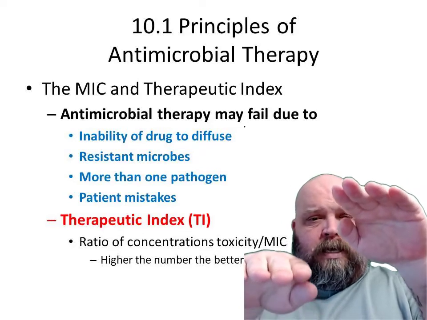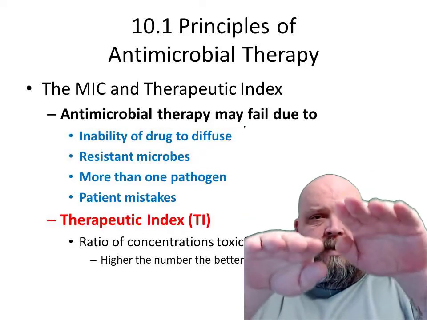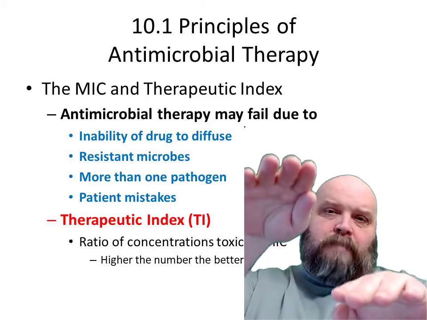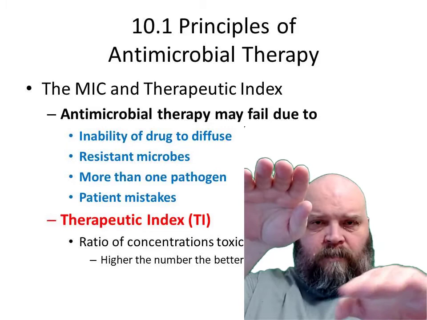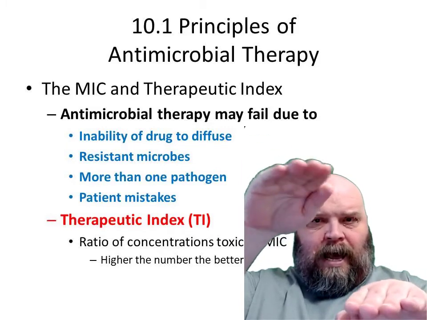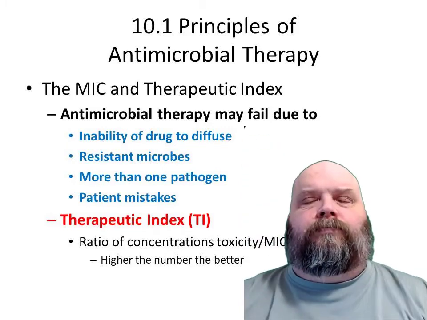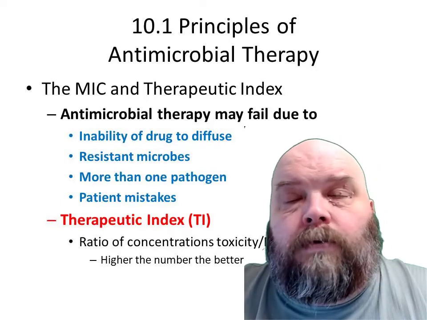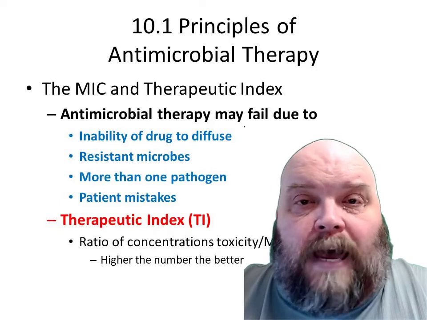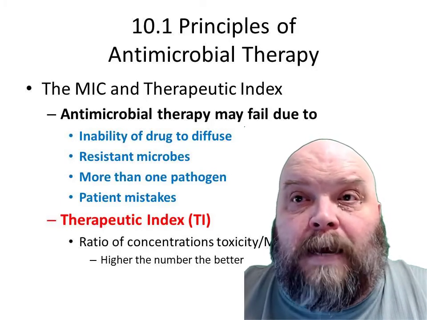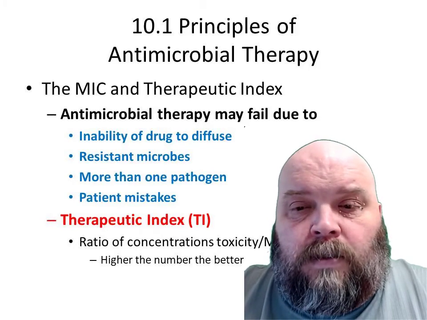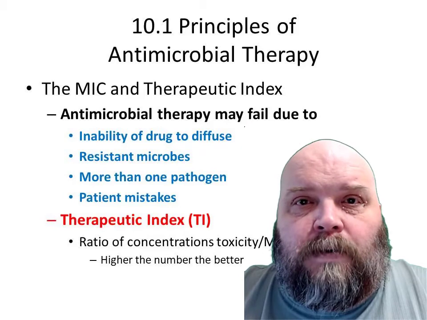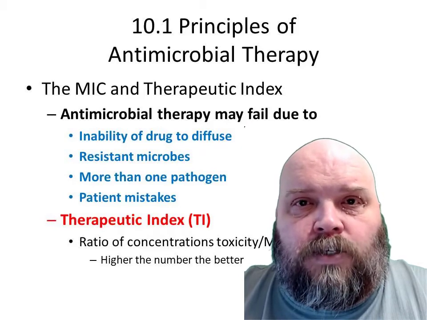So what you want is to find an imbalance that goes the other way. Very little cost, very little toxicity, high level of effect, high level of bacterial death, high level of bacterial damage. They call this the minimal inhibitory concentration.